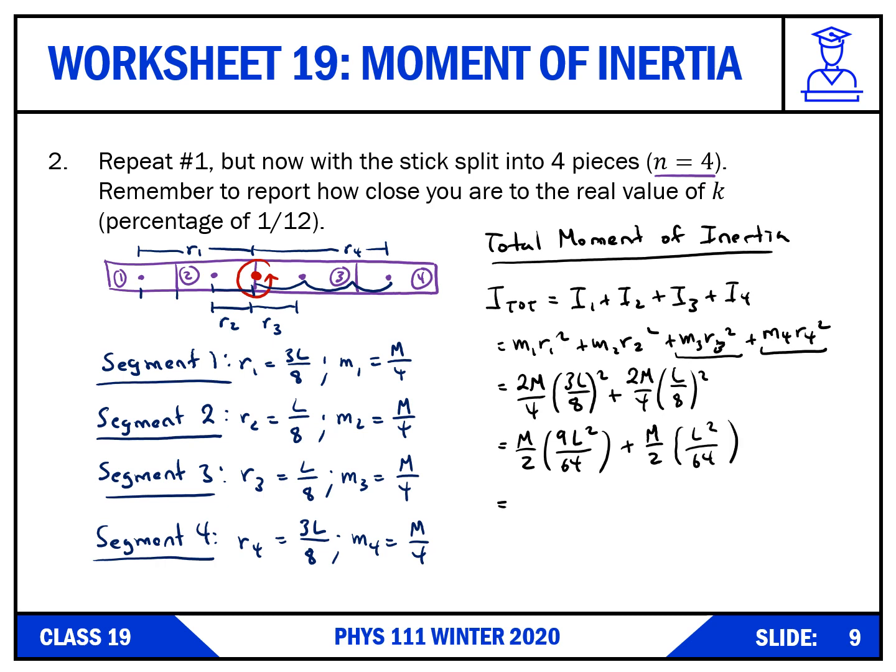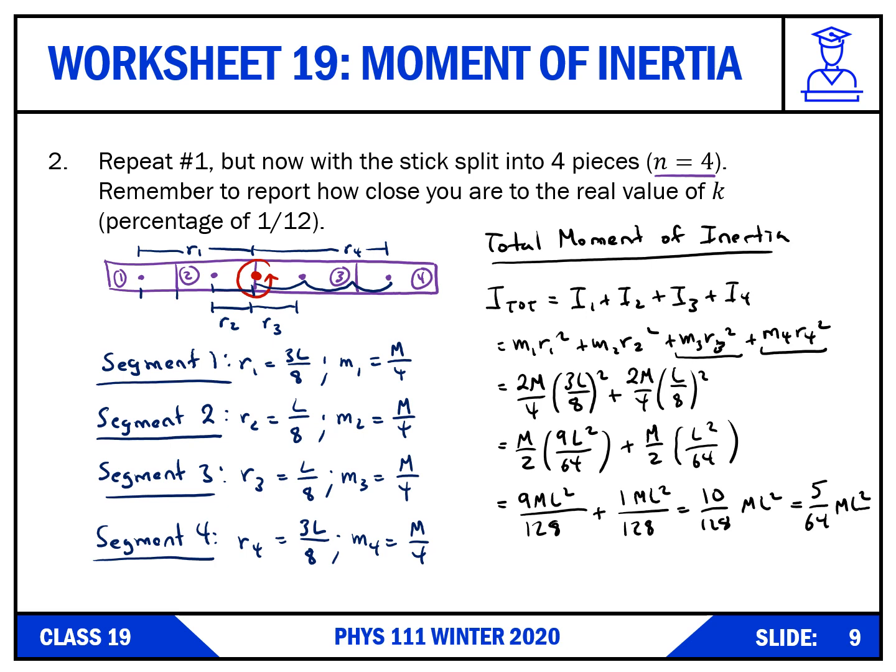So this gives me 9 ML squared over 128 plus 1 ML squared over 128, which is 10 over 128 ML squared, which is 5 over 64 ML squared.